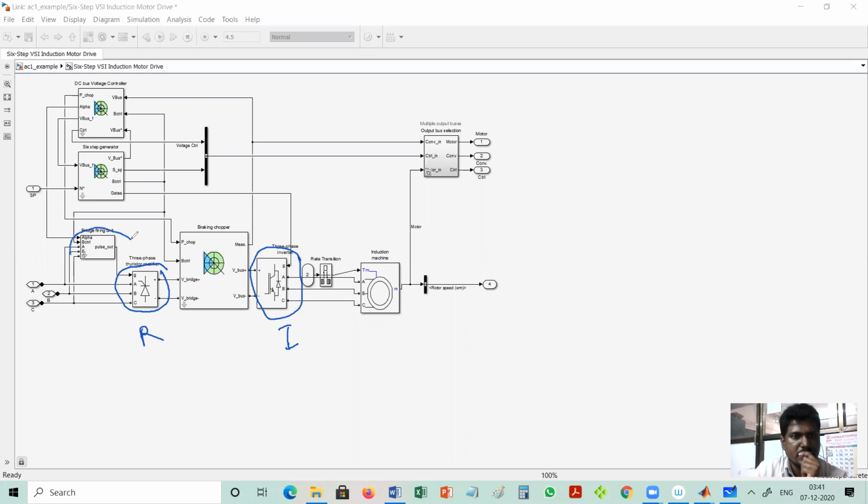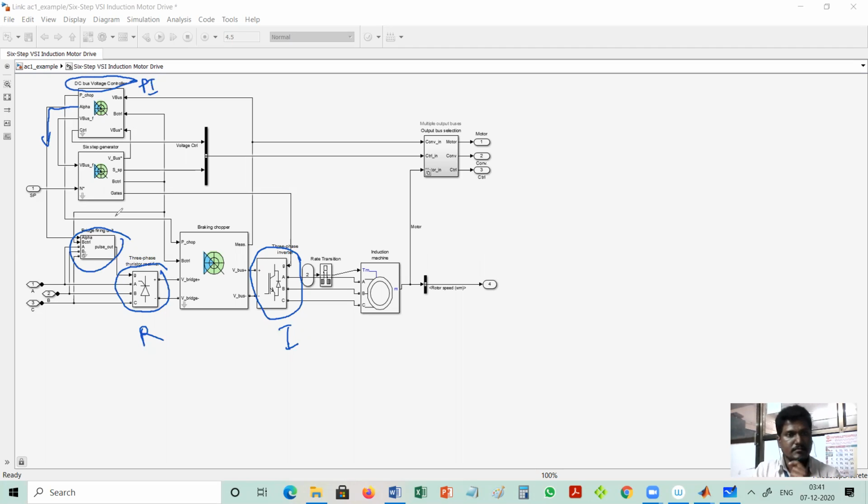This is the firing circuit, and for that firing circuit there is one input, which is alpha, which is coming from here. Alpha comes from what? A DC voltage regulator. Inside the DC voltage regulator there is a PI controller.